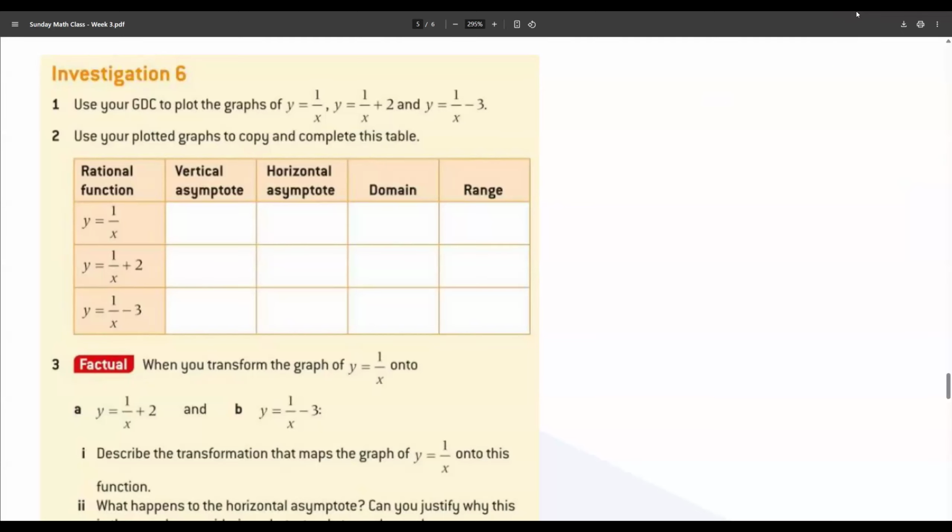Wait, Michael, is the top the vertical or the bottom the vertical? What are you asking? Like, how you find the vertical? You mean how you find it? Okay, in this case, whatever x value makes it undefined. Anyway, Hannah, the question is, how do you find the horizontal and vertical asymptote?